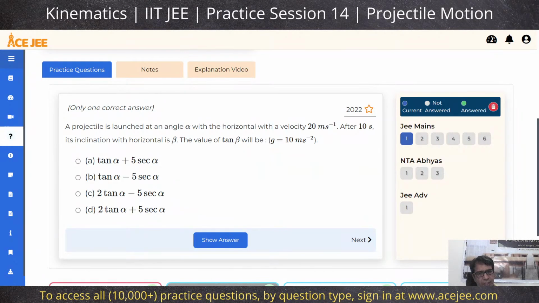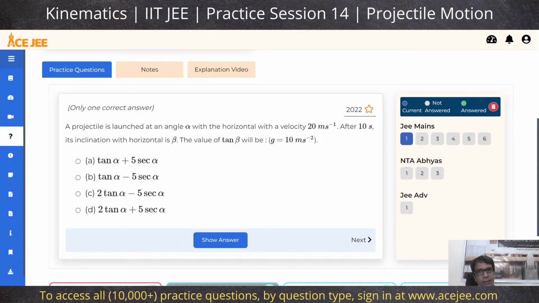We have been given the launch angle. Sorry, not the horizontal velocity, we have been given the initial velocity, 20 meters per second, and the launch angle alpha. And they're asking, after 10 seconds, what will be tan beta?